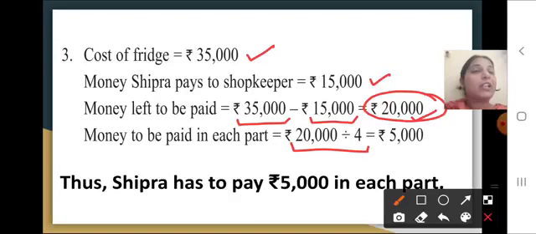When we divide 20,000 by 4, we will get 5,000. So in each part she will be paying rupees 5,000. So the final answer we will write as: thus Shipra has to pay rupees 5,000 in each part. Okay. So in this way we solve the word problem.